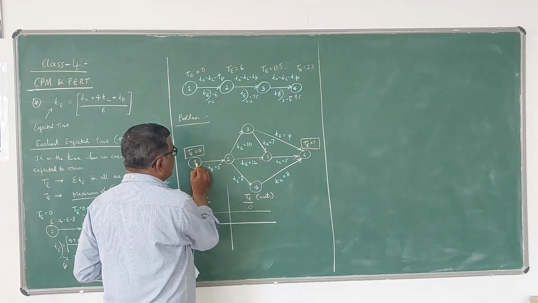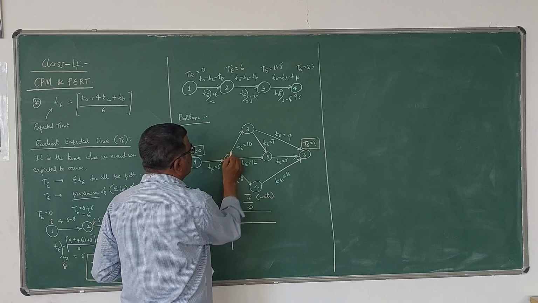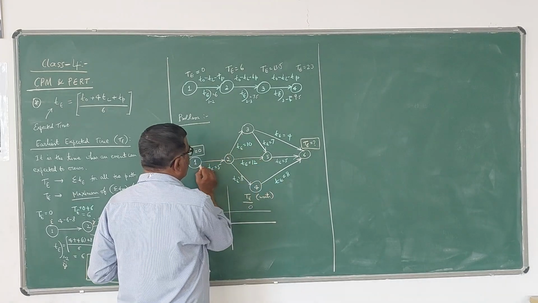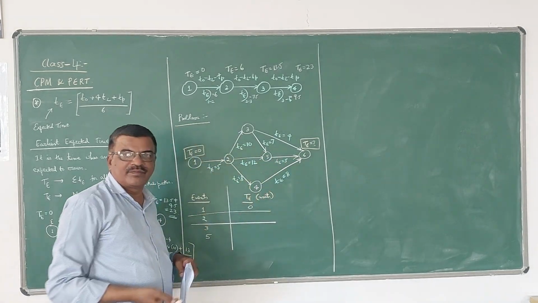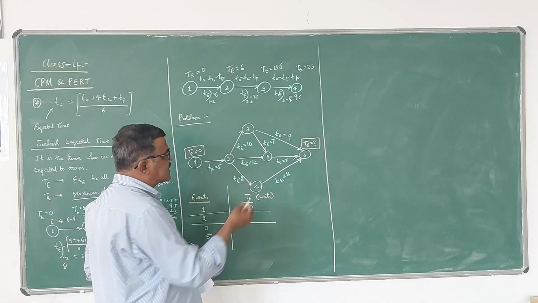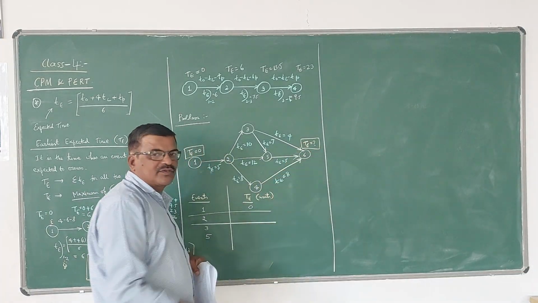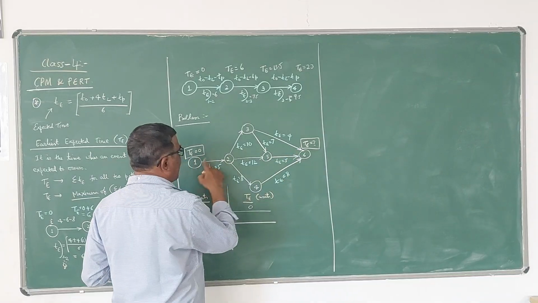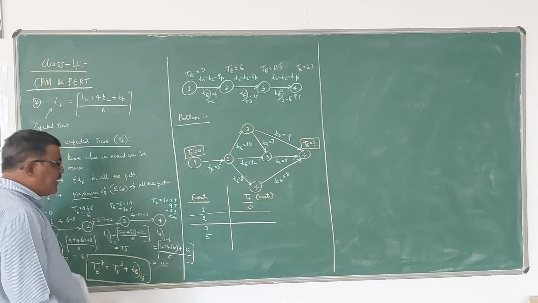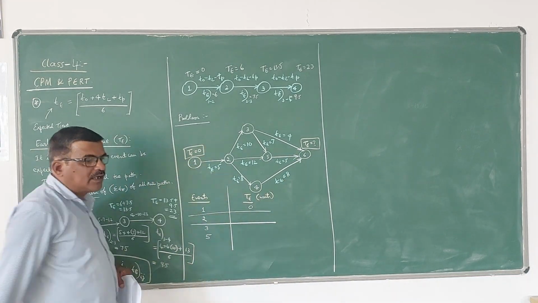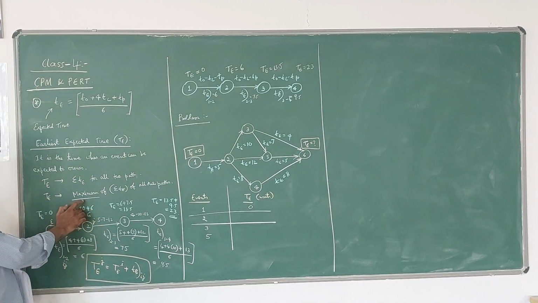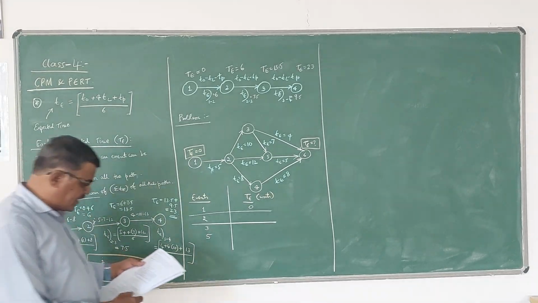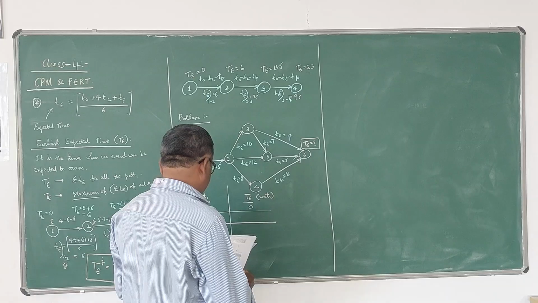So we have one path like this: 1, 2, 3, 5 is one path, and 1, 2, 5 is another path. Similarly, for 6, there are totally 3 paths further. So we have to calculate this capital Te for all the paths, and we have to take the maximum of the values. Now let us see how we can do this.